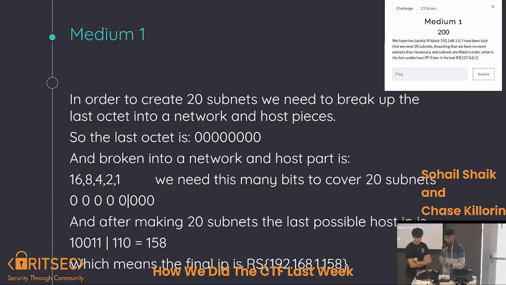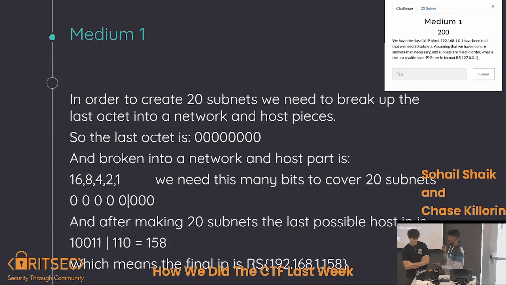You would split it up from the beginning so that you could get at least 20. In this case, we had to go to 16, even because you couldn't get 20 with the 8, 4, 2, and 1. So then you had to get that extra bit.